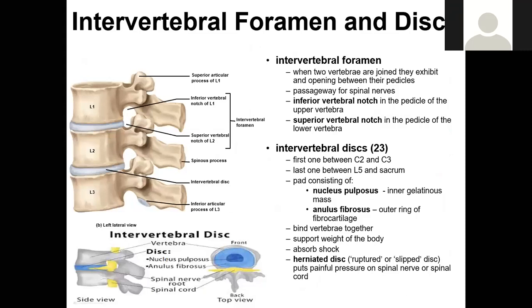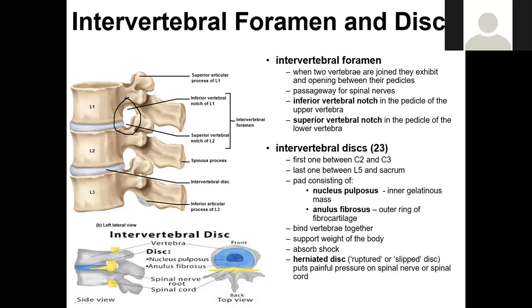When the vertebrae are together and they are articulating, they create a notch or a space. And I'm circling the space right here. This space is known as the intervertebral foramen. And this is a real important area. The intervertebral foramen is where the nerves basically come out to go to the arms and the legs.